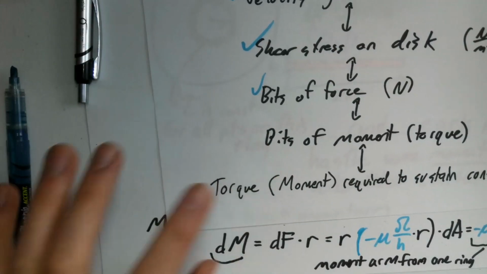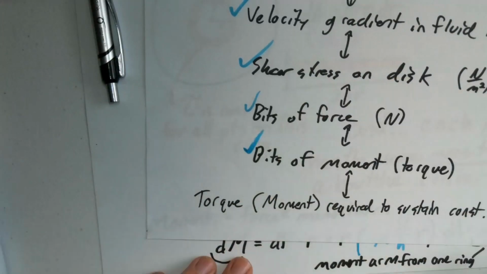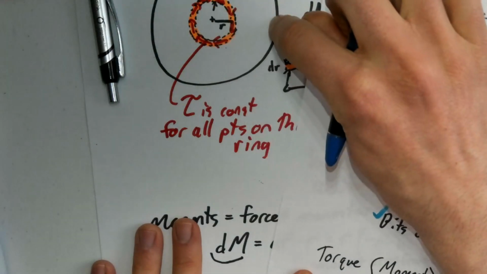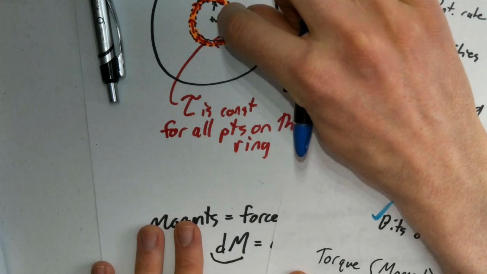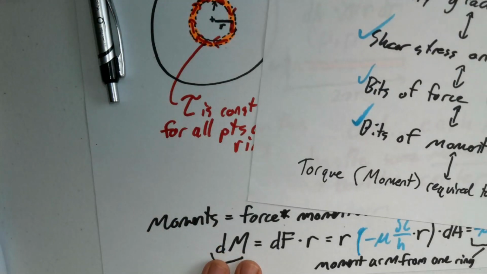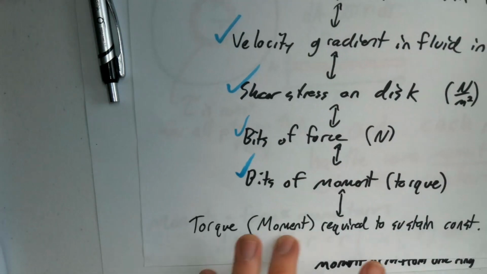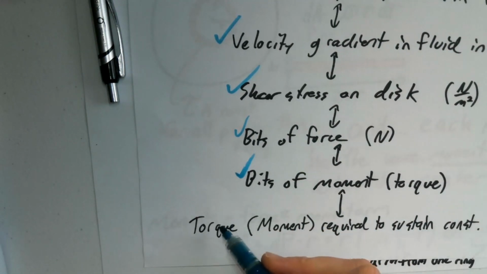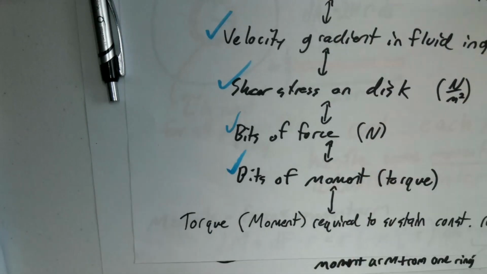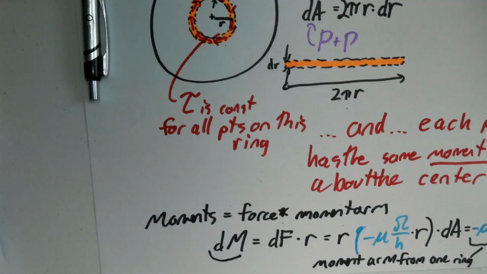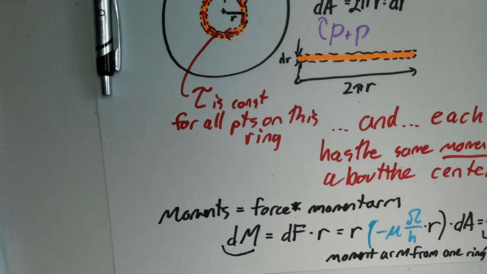So if we add up what the moments for each of those rings are, then we're going to get the overall moment from all of that shear stress, and that will inform what the overall torque is in order to counteract that shear stress to keep us in steady state rotation. So let's work that out.